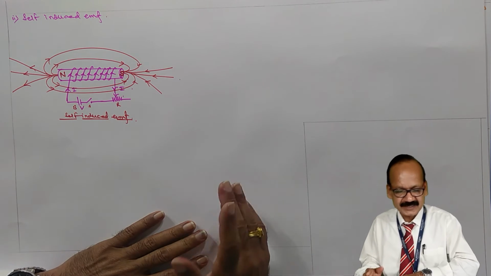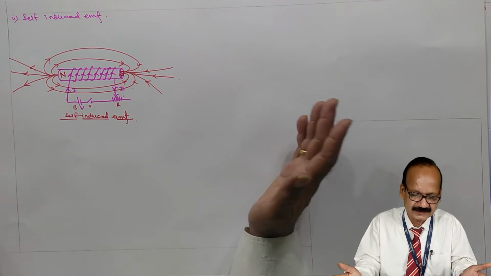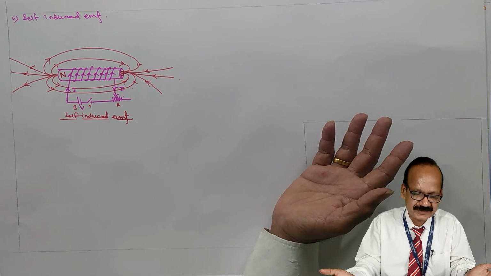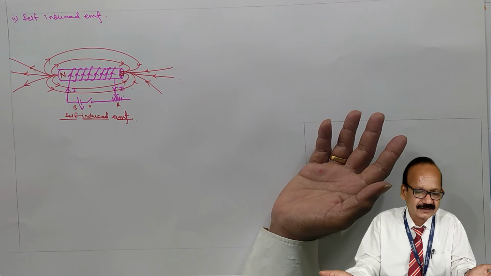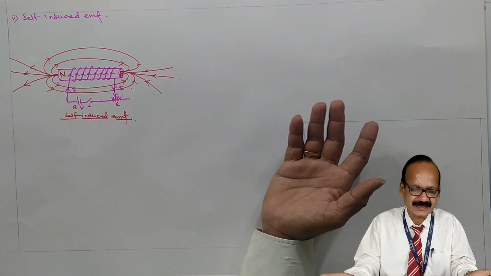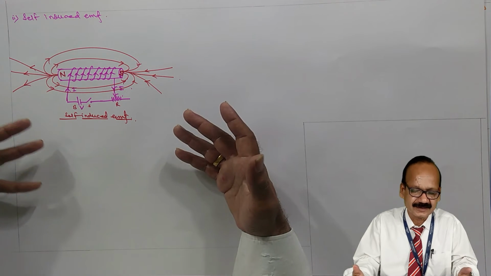and such an EMF induced in a coil due to change of its own flux linked with it is known as self-induced, statically but self-induced EMF. The magnitude of the self-induced EMF is given by Faraday's second law, and direction is given by Lenz's law.